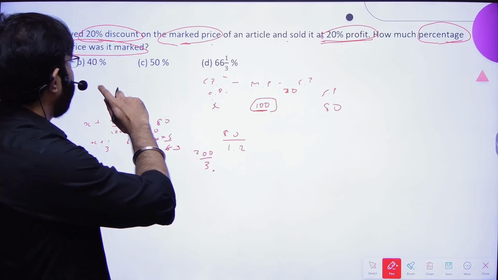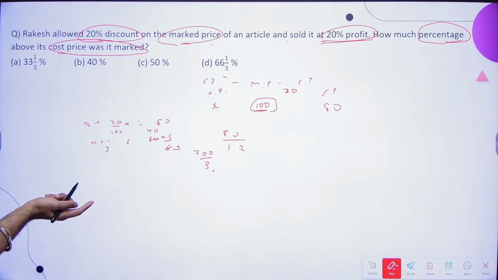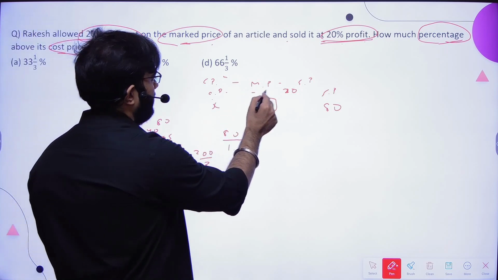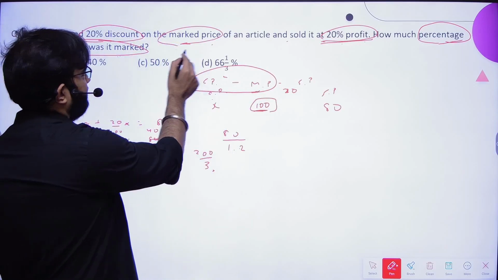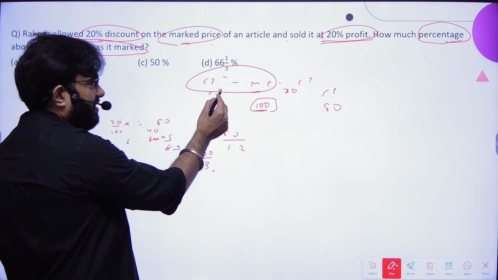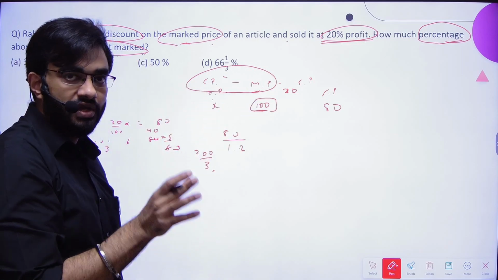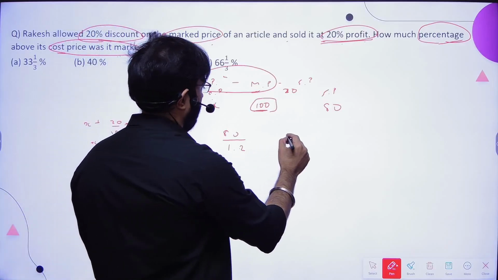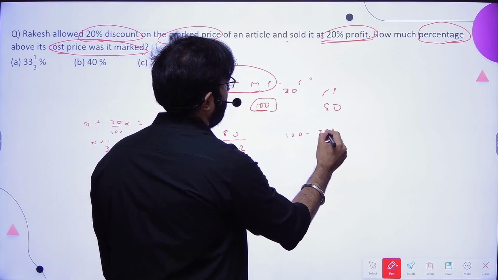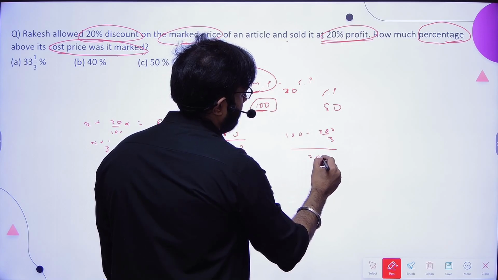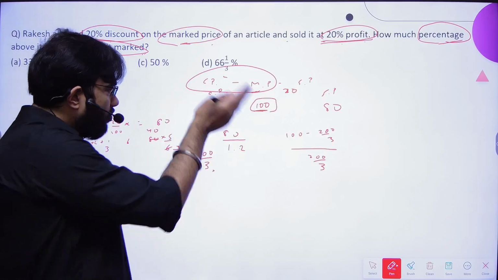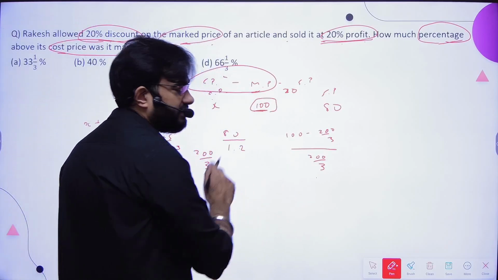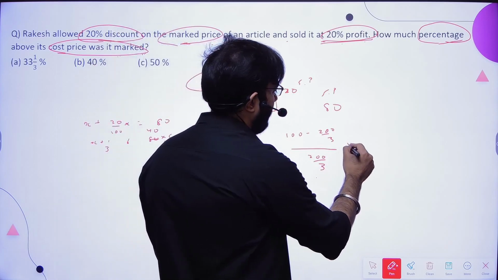So how much percentage above its cost price was it marked? We have to calculate MP minus CP upon CP, because we have to calculate the percentage above the cost price at which the article has been marked. So we do 100 minus 200 by 3. We always take the base value over which we are calculating the profit percentage, the cost price, in the denominator.